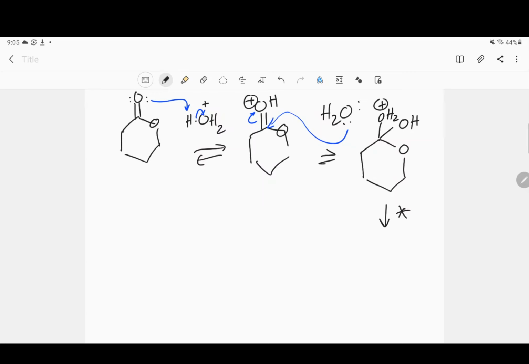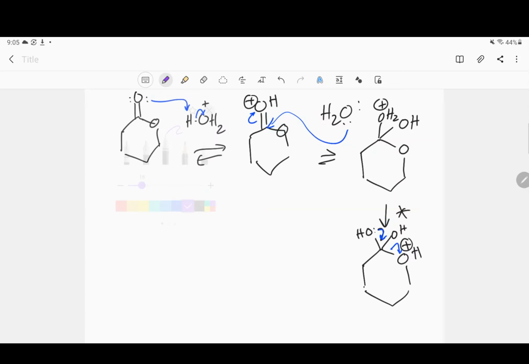But technically, if you want to show the mechanism for this, it would be several steps, right, to move the proton around. But suffice it to say, if we move it here, we can now close down, pop this open.